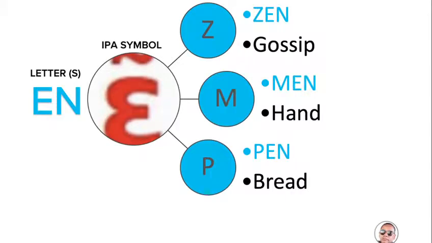All right, letters E, N, or E-N in English, but in Haitian Creole, E, N, and IPA sound, en, a little more nasal than this N, okay? Z-en, zen, which is gossip. M-en, men, which means hand. Remember, you should never pronounce the N or M at the end of words the way you do it in English. Right?